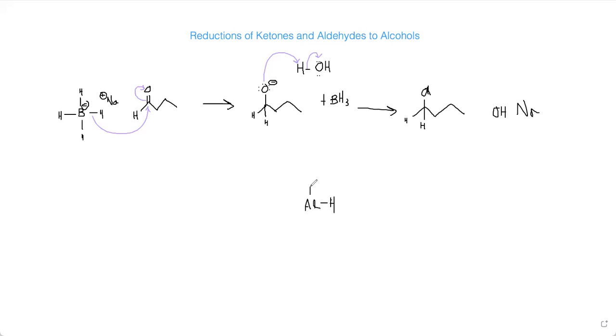And lithium aluminum hydride is a much more powerful reagent. And so with that one, you can perform the same reaction under very mild conditions. But I'm pretty sure lithium is more expensive. So that's why NaBH4 is typically used. All right.